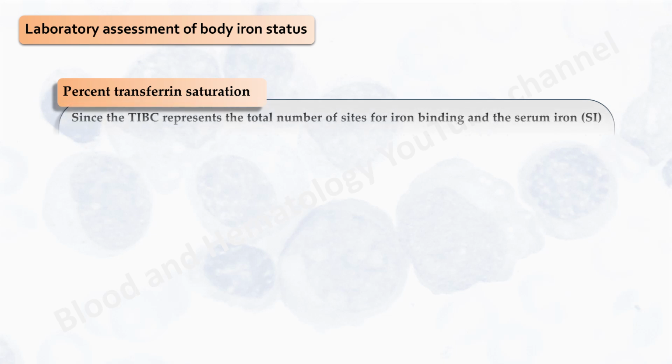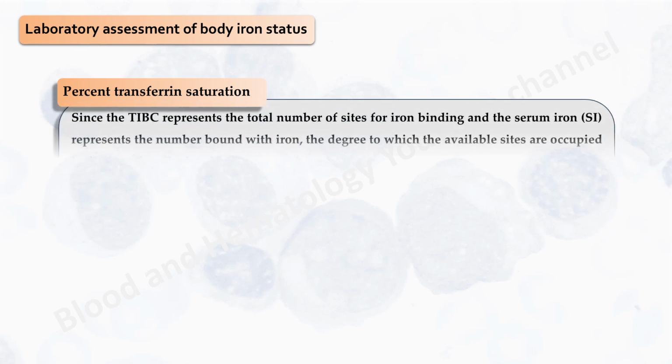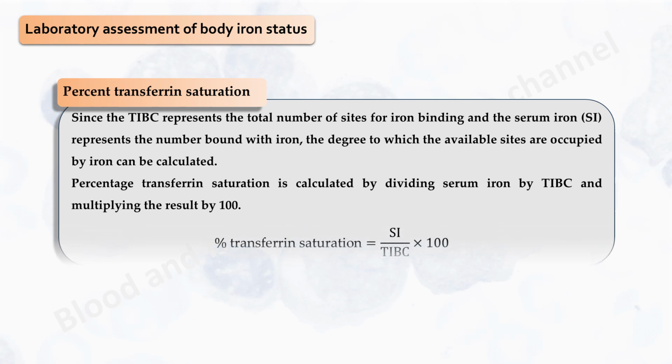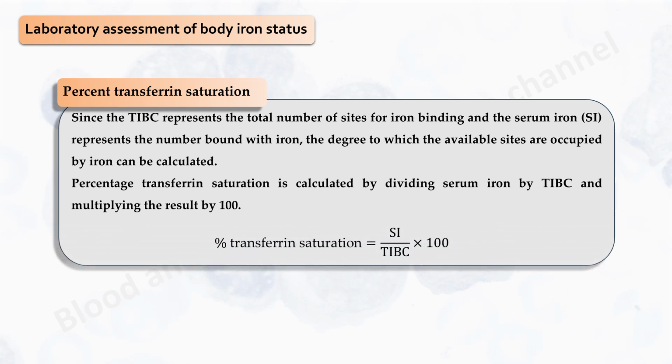Since the TIBC represents the total number of sites for iron binding and the serum iron represents the number bound with iron, the degree to which the available sites are occupied by iron can be calculated. Percentage transferrin saturation is calculated by dividing serum iron by TIBC and multiplying the result by 100.